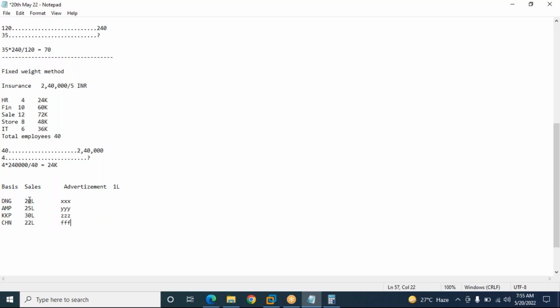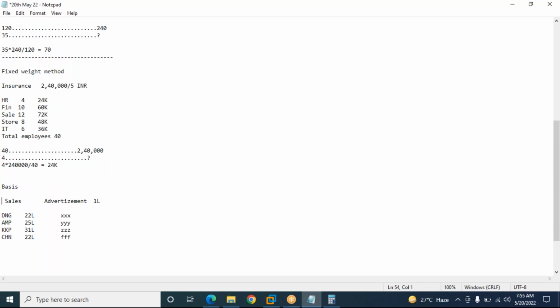Now, if it changes, this is constant like expenses, but the sales may vary. If sales increase here, then the values will change. If sales happen here, the value changes. So the source also keeps on changing and the destination also keeps on changing. That is called the basis method.